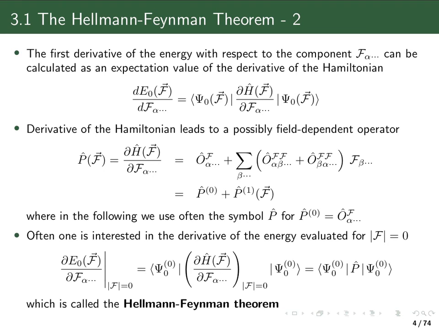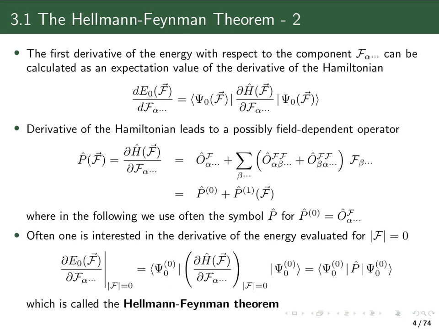Often we are interested in the derivatives of the energy with respect to components of the field, but evaluated at zero field strength. If we evaluate this expectation value at zero field strength, we have the wave function at zero field strength, which we could also call the unperturbed wave function.